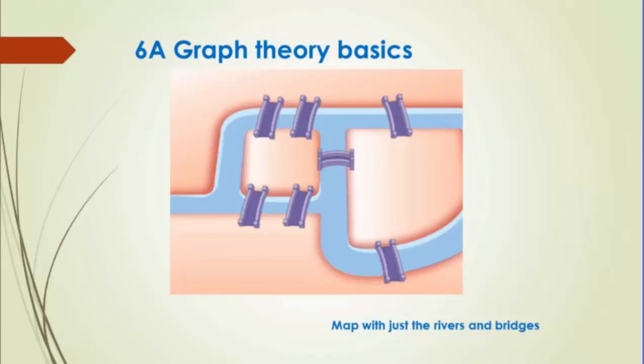And what he suggested is that you make a stylized drawing like this. So here's the 7 bridges in the river system, same as before. What you should do is mark the 4 areas, 1, 2, 3, and 4. Like this. So you identify the vertices with 4 blobs like that, and then draw a line from each blob to every other blob using whatever bridges are available.